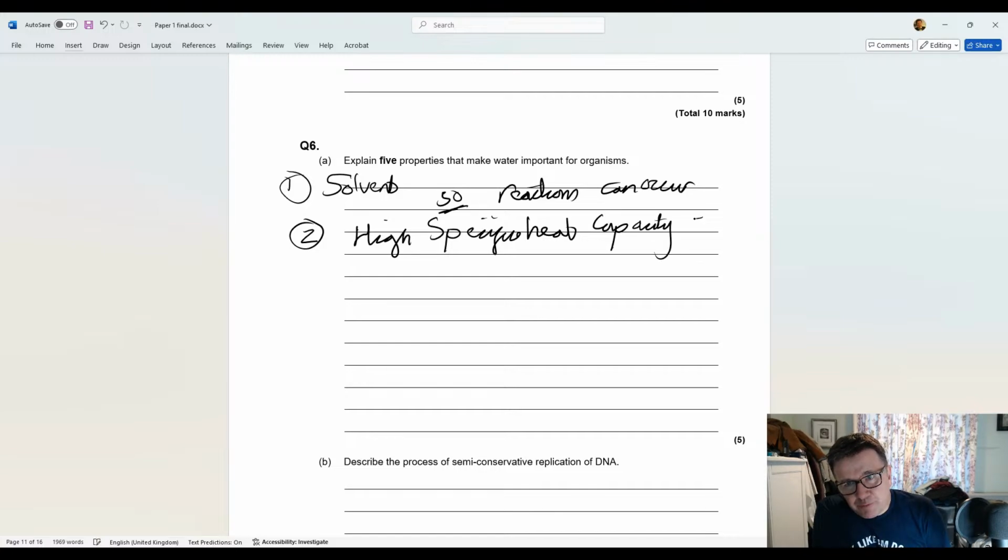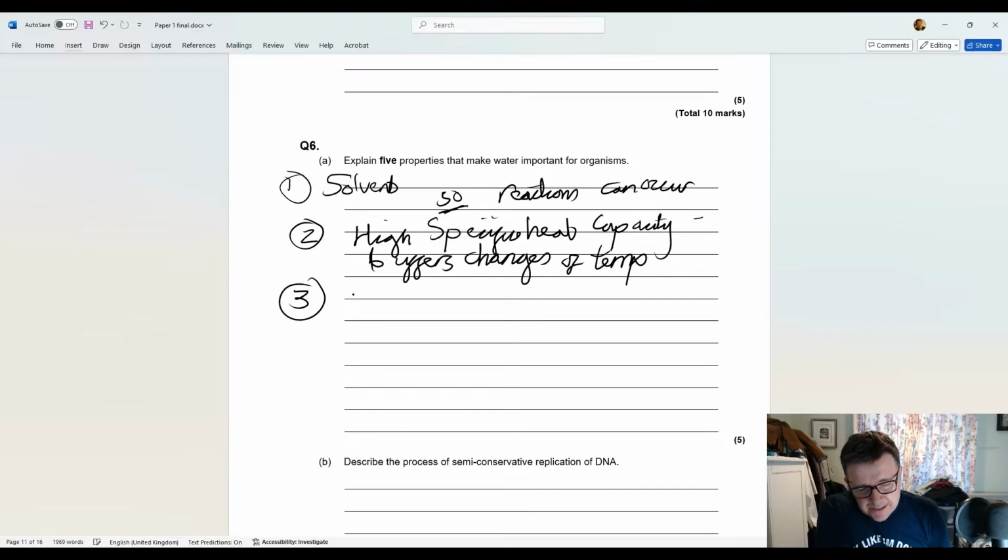Why is that important for organisms? Well, it buffers the changes of temperature, so you don't get extremes. Okay, so it resists the changes in temperature. You get stable, homeostatic internal environment. But I'm veering onto paper 2, so we won't do that at the moment.